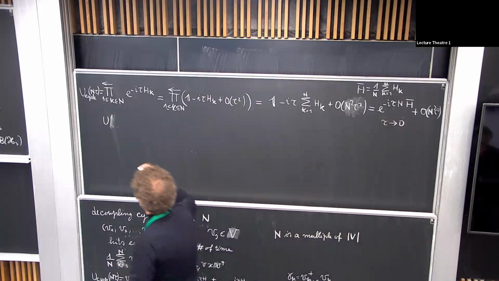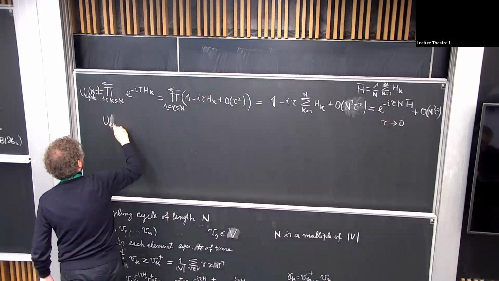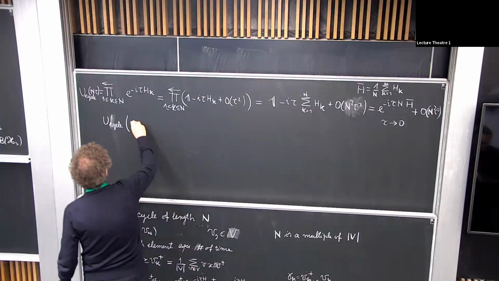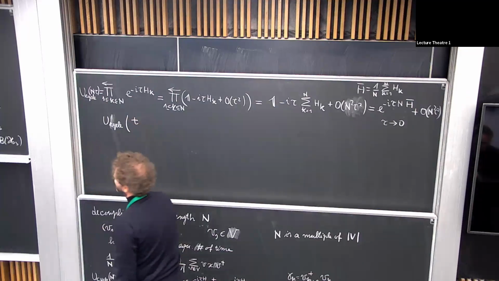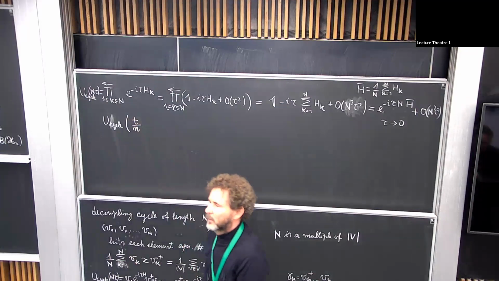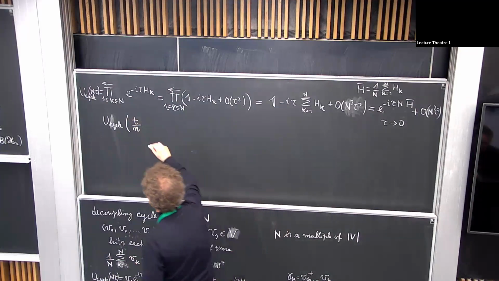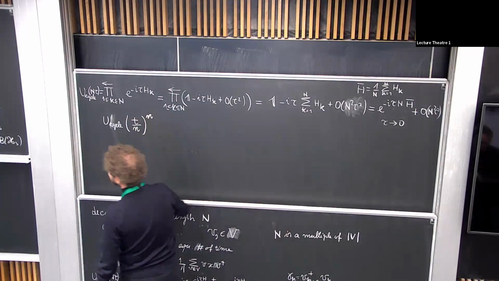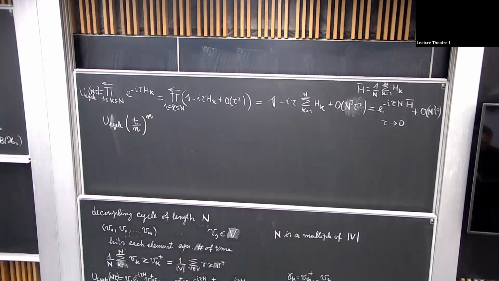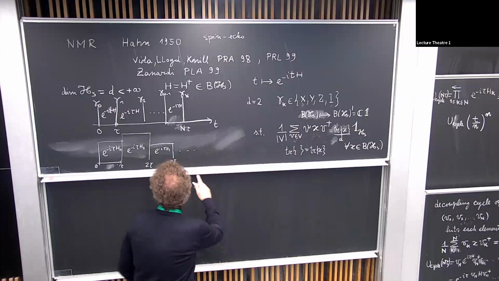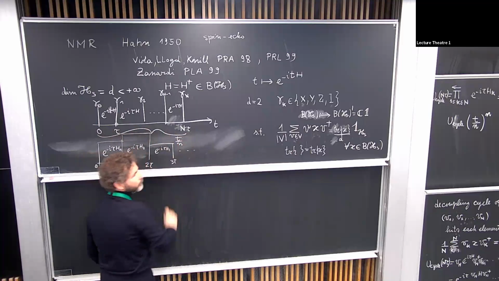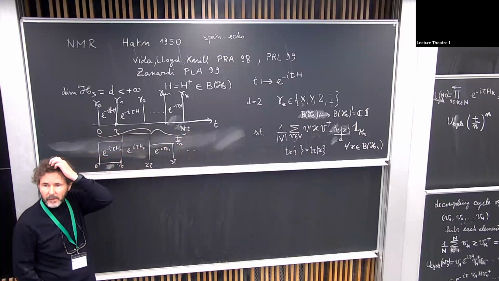So I want to look at this U cycle for a time t over n, to the power n. So I'm repeating my cycle n times, and the total duration of the cycle is t over n. Is it clear?